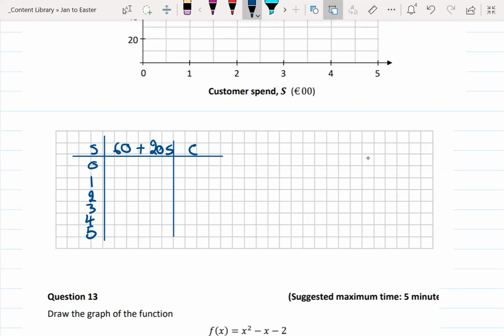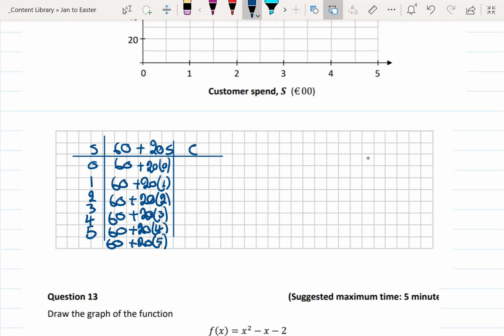Let's start with 0. Try and keep them in line, unlike I'm doing here. It's a bit messy, apologies. You get the idea.